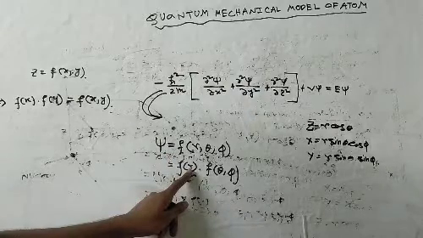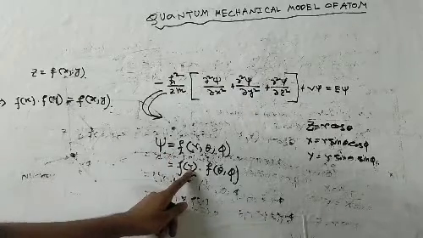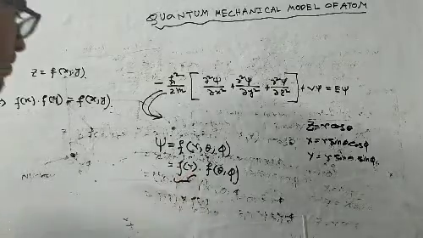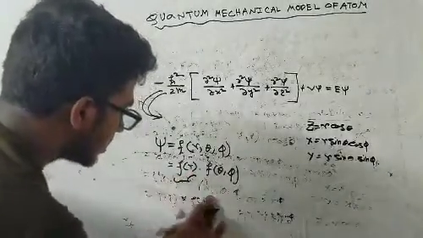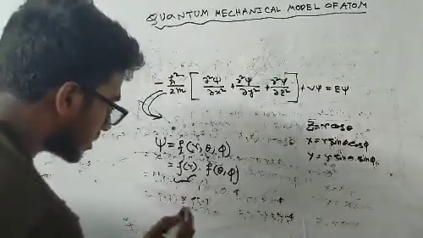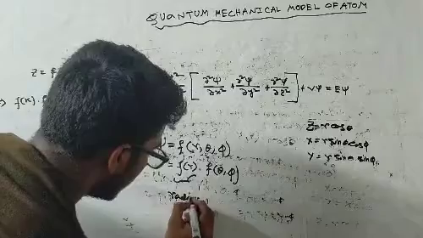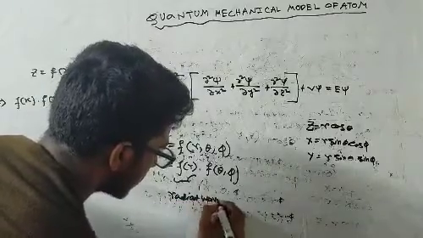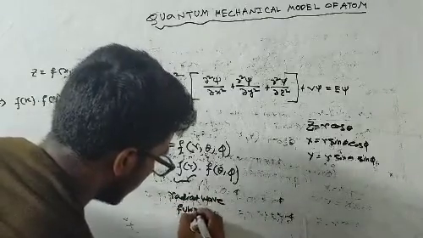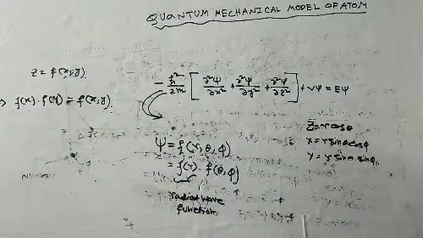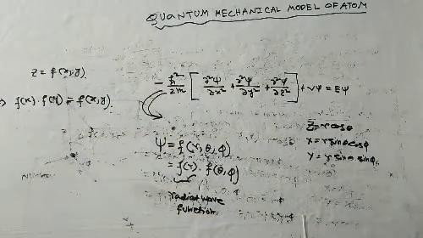So that means this function only depends on the distance from the nucleus to the electron. So that's why this f of r is called the radial wave function. This is called the radial wave function.